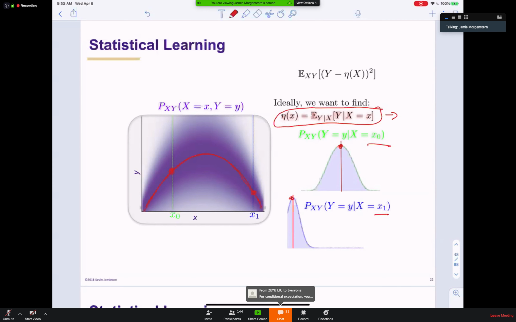Sure. For example, if you knew this point cloud, you knew the actual distribution, and you had a lot of computational power or sample access to this distribution, and you wanted to predict the sales price of a house sold on November 3rd, one thing you could do is draw samples from that distribution until you saw some houses that were sold on November 3rd, and then predict their average, or predict the first one you see.